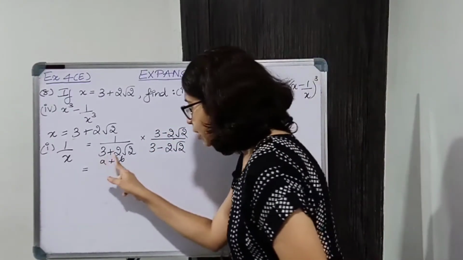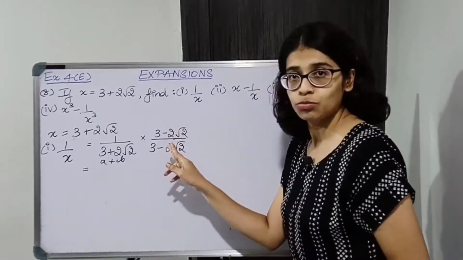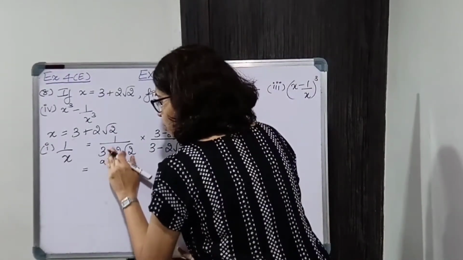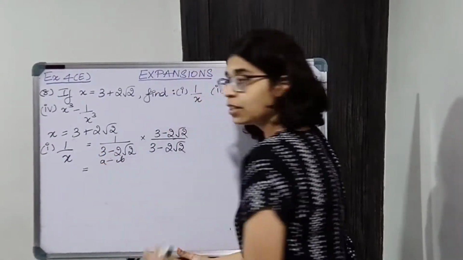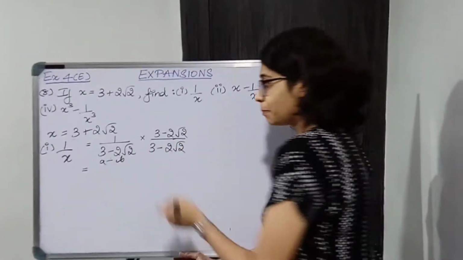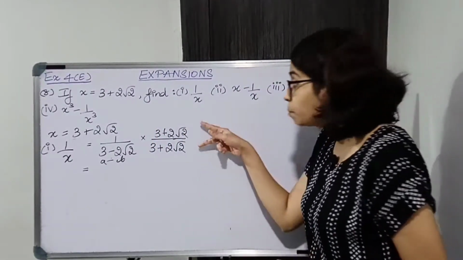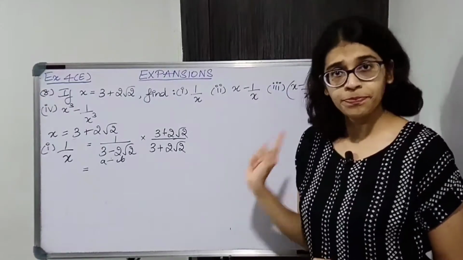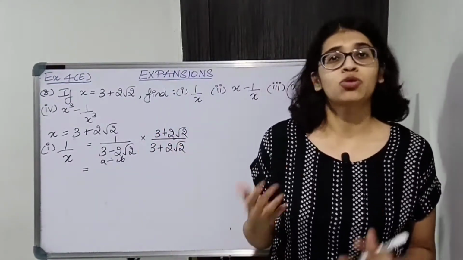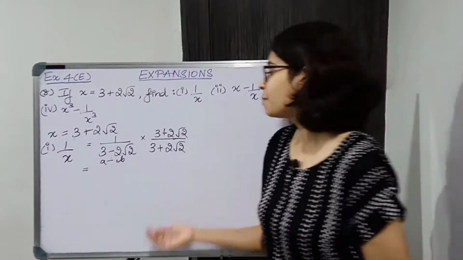If there was 3 minus 2 root 2, I would multiply and divide by 3 plus 2 root 2, opposite sign. So if we had a minus b over here, then we would multiply by a plus b. So 3 plus 2 root 2 and 3 plus 2 root 2 in both numerator and denominator. So in short, we are multiplying and dividing by the conjugate. If you have done rational and irrational numbers, then you must be knowing this.